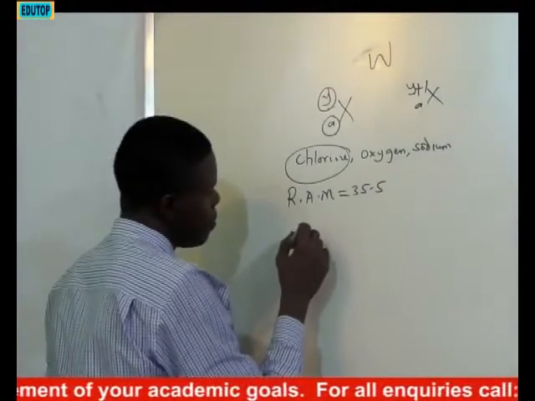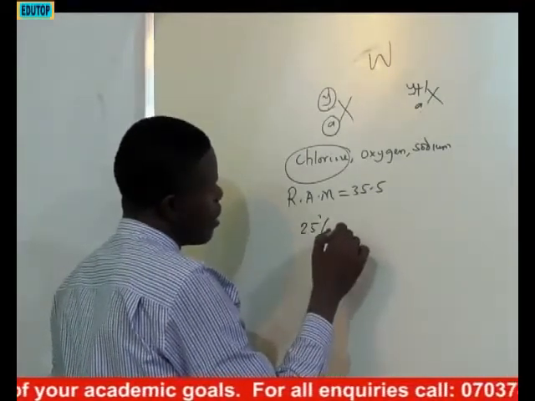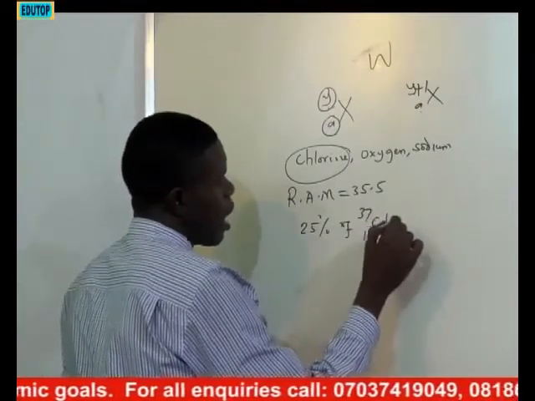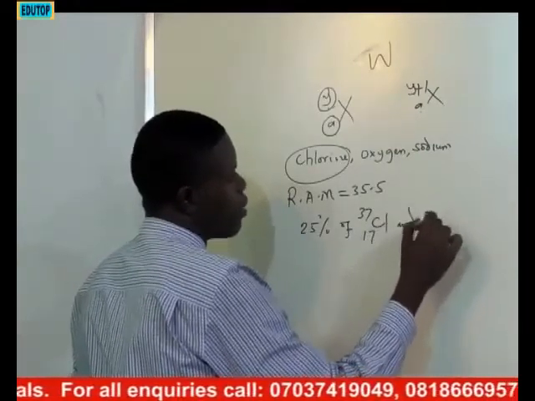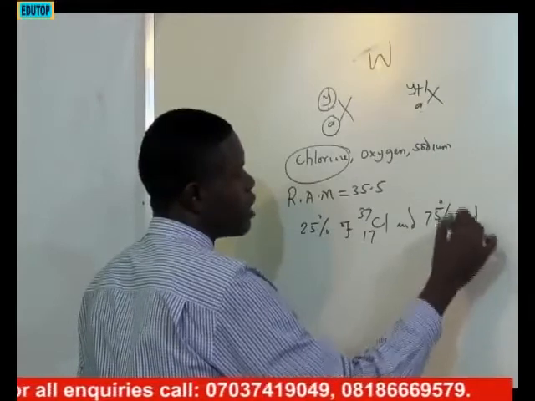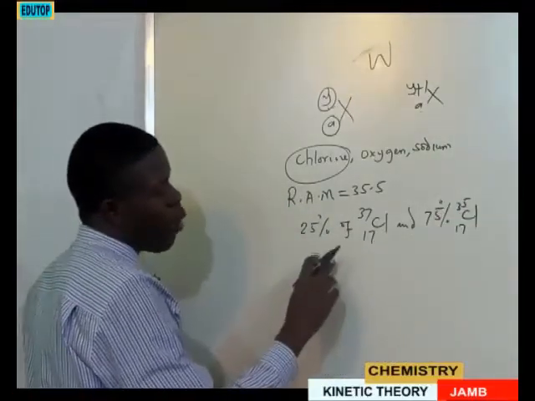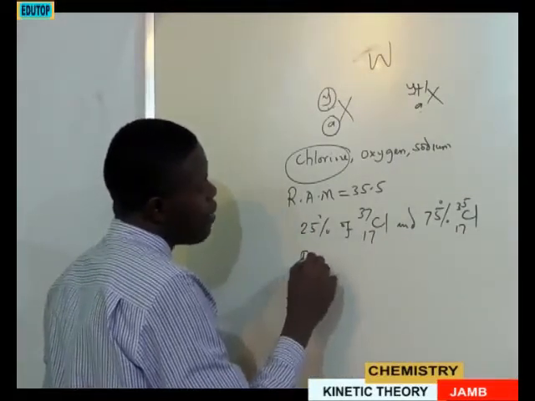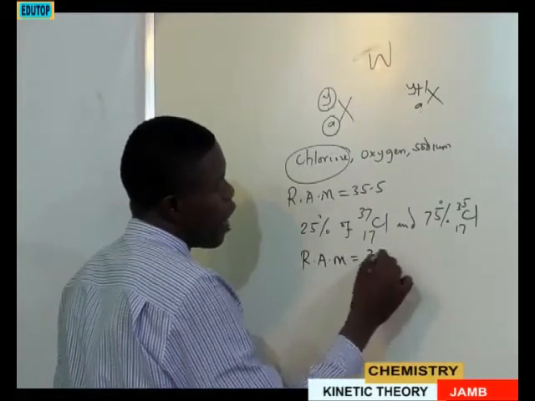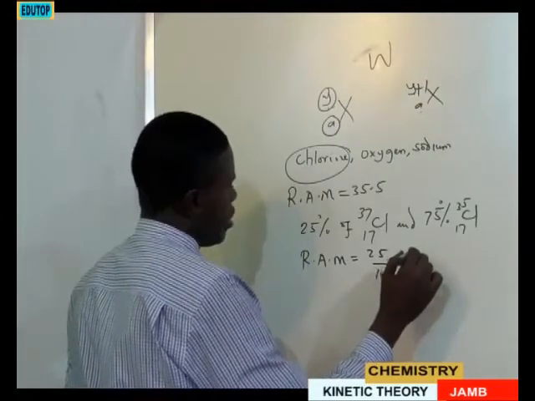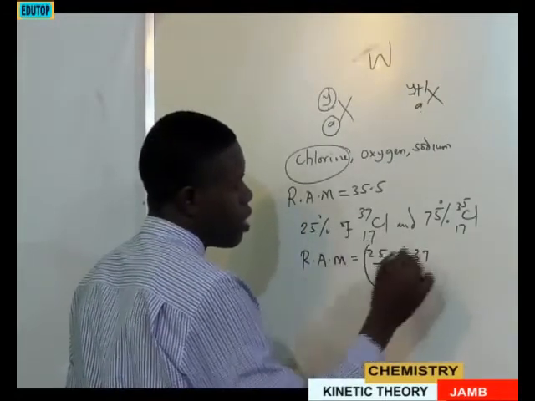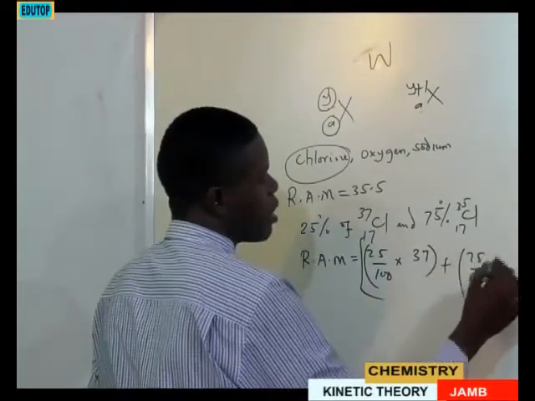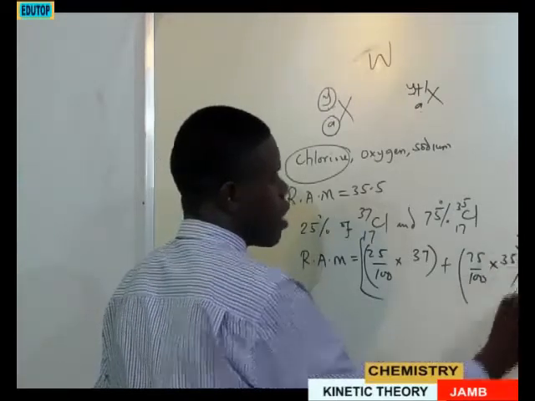So when you have 25% of chlorine-37 and 75% chlorine-35, in this situation, if you want to calculate the relative atomic mass of these isotopes of chlorine, the relative atomic mass will be 25 over 100 times 37 in a bracket, plus 75 over 100 times 35 in a bracket.